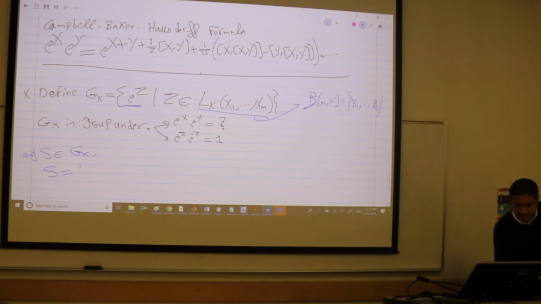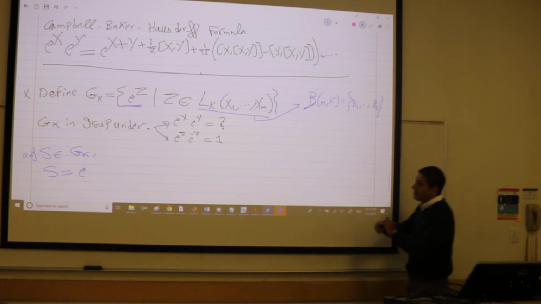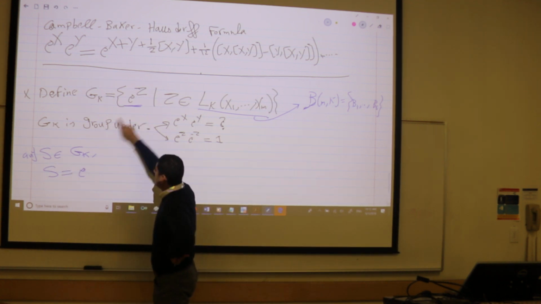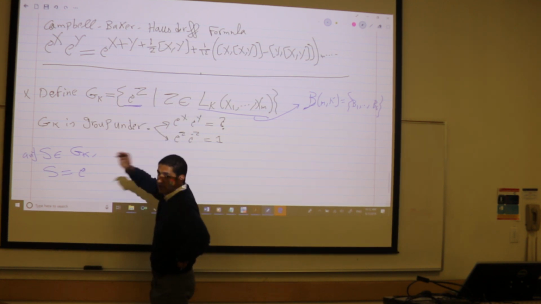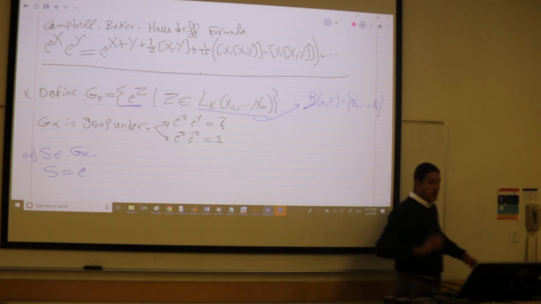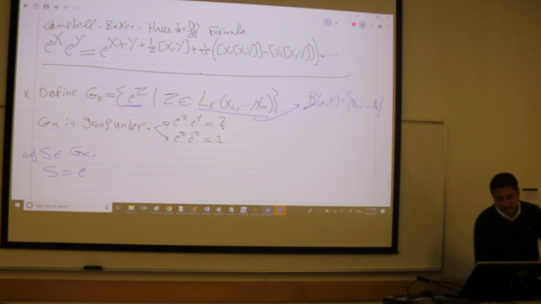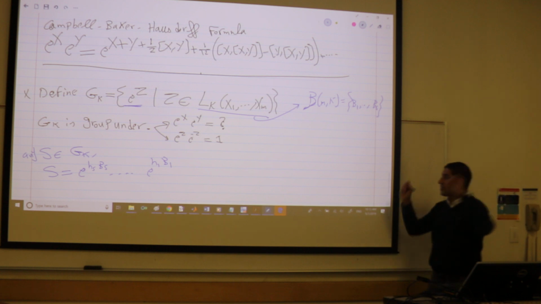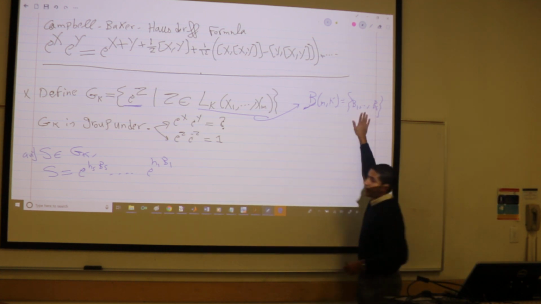So any element in the group can be written in this form. I don't care where you come from, I don't care how you arrived at this point. Because remember, how we arrive at elements here is by exponentials of elements. So you can keep exponentiating, but any element can be written in this form, which means it can be written as exponentials of these Lie brackets only.